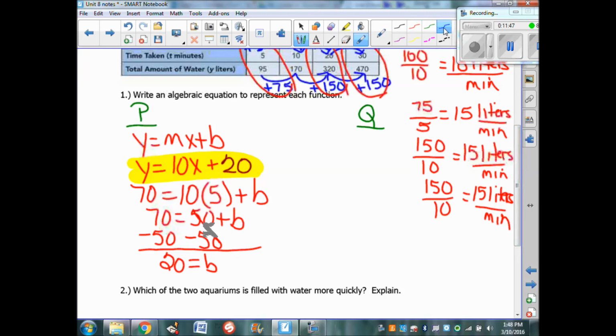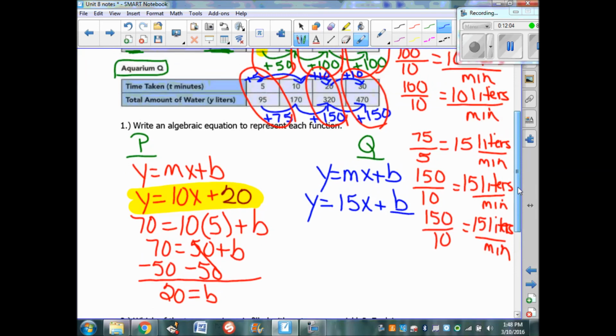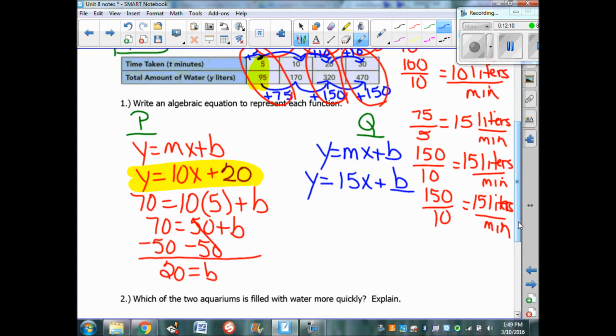So we know that it's linear, and we know our rate of change, or our slope, for aquarium Q. So we can start off with y equals mx plus b. Y equals 15x plus b. I have to find the starting point. How much water does this aquarium start with? Let's go back to our table. I'm going to pick that first point, just because it might be easy to work with.